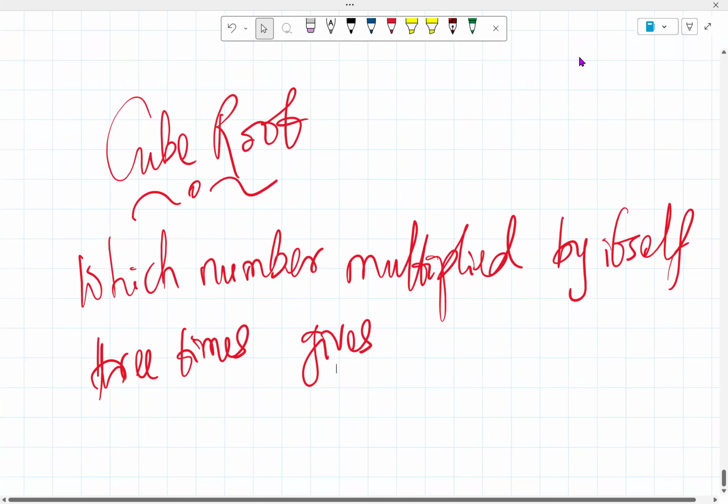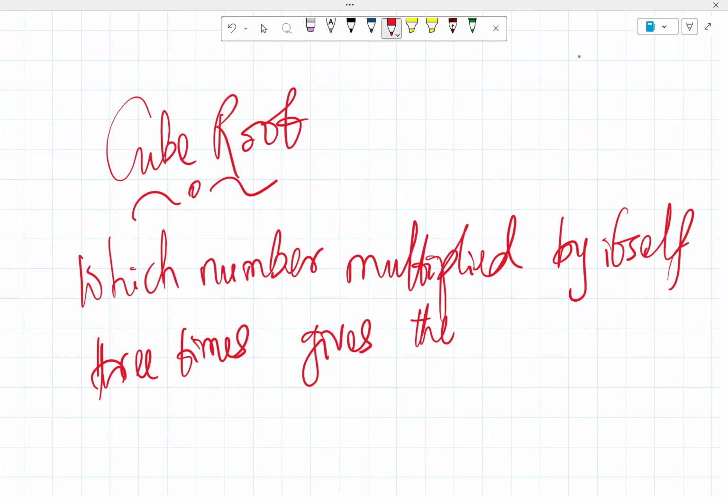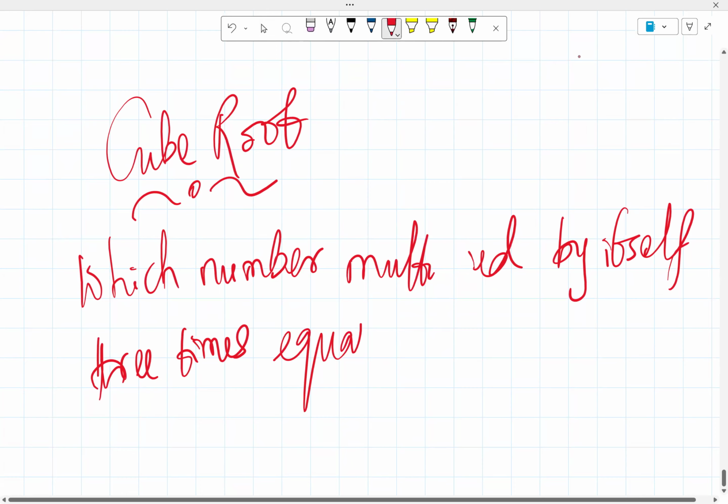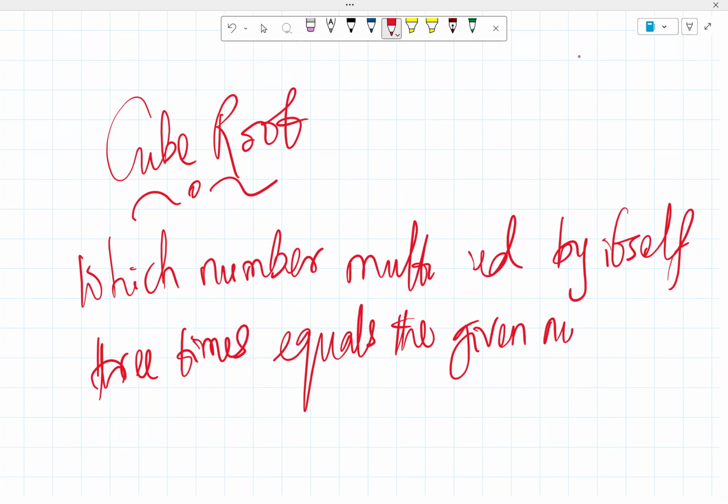Which number multiplied by itself three times gives the given number? Okay.